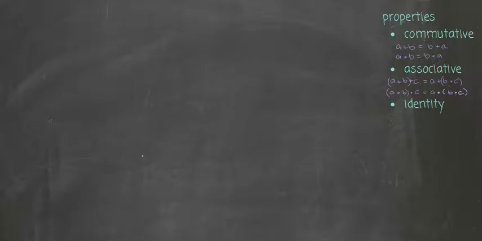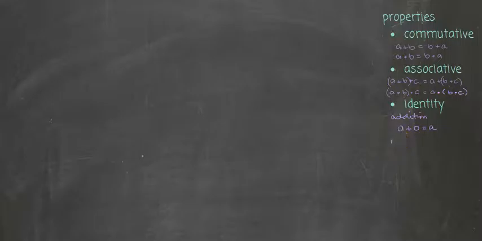And the identity properties say that for addition, there's something that you can add to any number and you get the same number back. So if I have some number A and I add 0, I just get A right back. 0 is the identity element, and this is the identity property of addition.